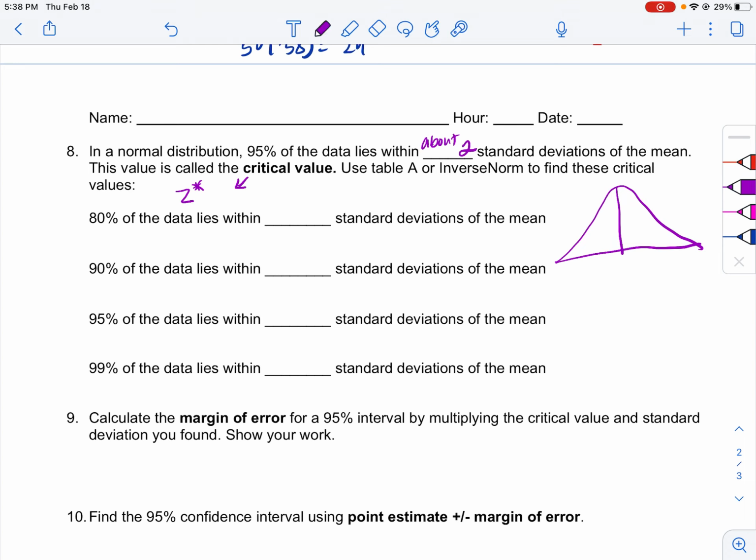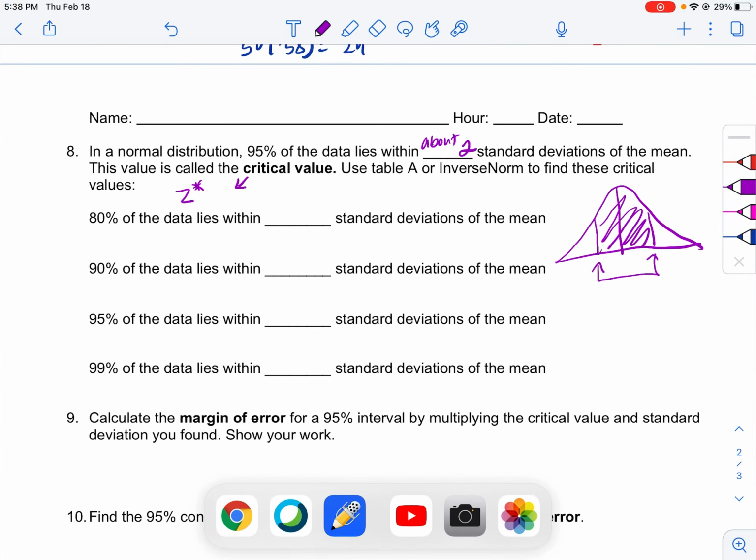So 80% lies within this. So when it's asking what's the z-score for these two, of course, we can calculate that using our calculator. I will show you that also. But for now, I'm going to use the table to determine the critical value for 80%.